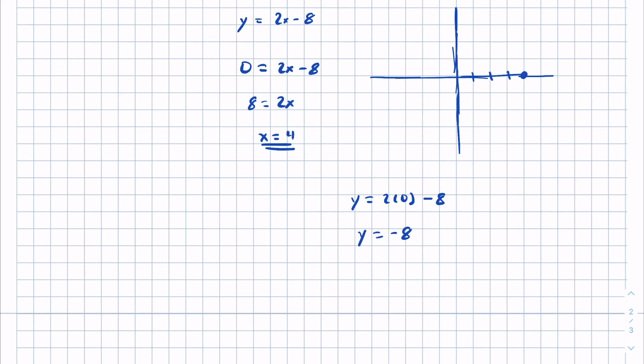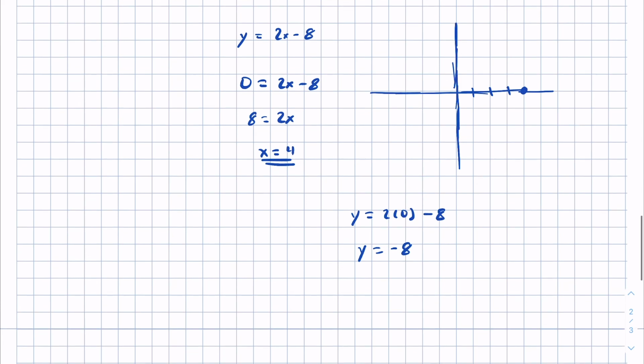So then our y-intercept is negative 8, so I need to make this graph a little longer. 1, 2, 3, 4, 5, 6, 7, 8. So it'll be all the way down there. And so if we connect these points, we get a line like so.